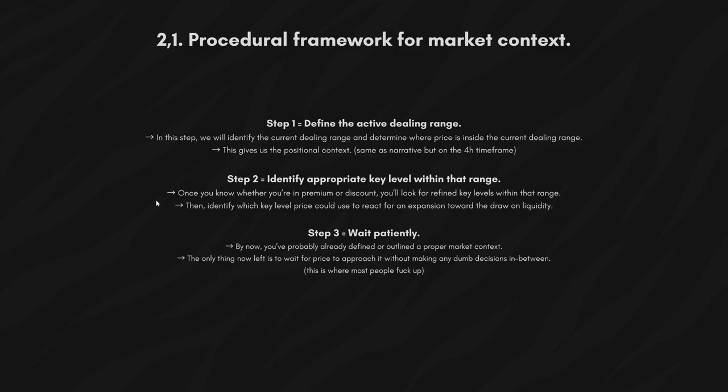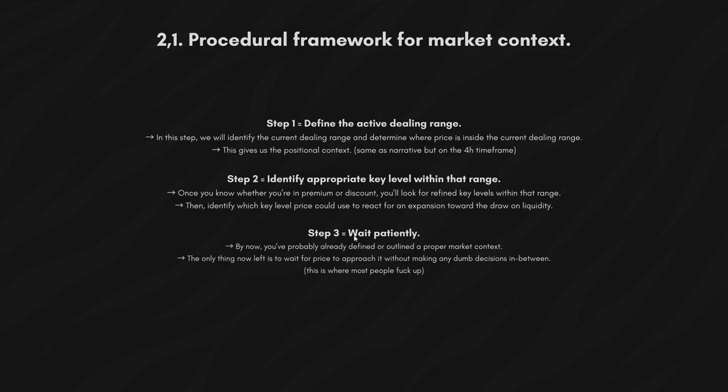The key level or the CRT within the dealing range could either already be formed beforehand, and in that case you could just identify it and use it to frame trades, or you're going to wait for it to form first and then identify it. But regardless of what scenario it is, that's what you're going to do on the 4-hour time frame.